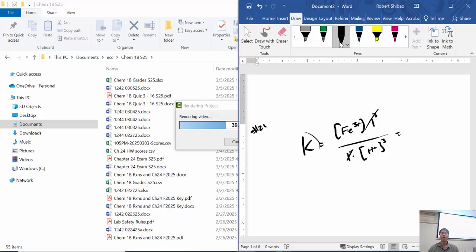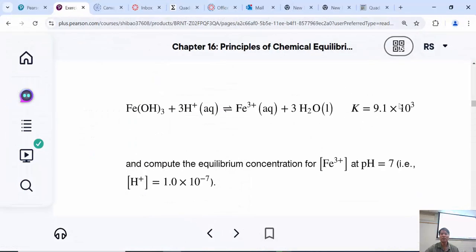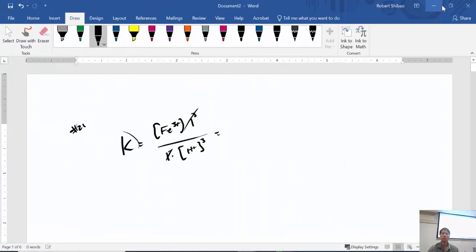So we know what the K value is that's given in the problem. The K value is 9.1 times 10 to the third. We know what the H+ concentration is. The H+ concentration is 1.0 times 10 to the minus 7.